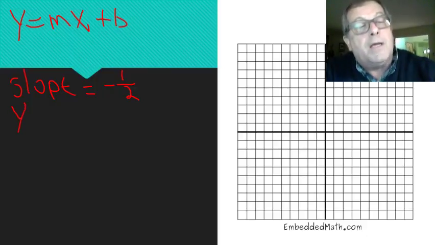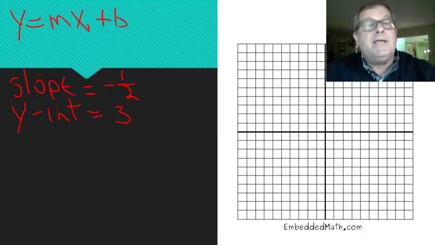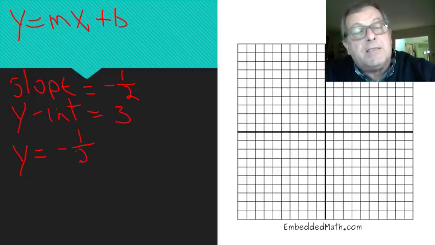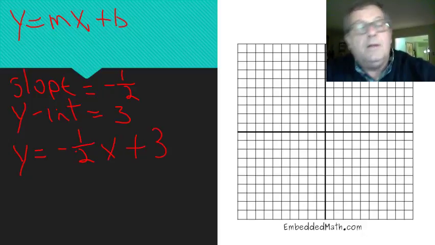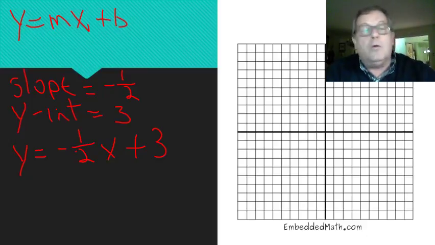And we've got a y-intercept that equals 3. So if I write this information in slope-intercept form, this becomes y equals -1/2 x plus 3, where -1/2 is our slope and 3 is our y-intercept.